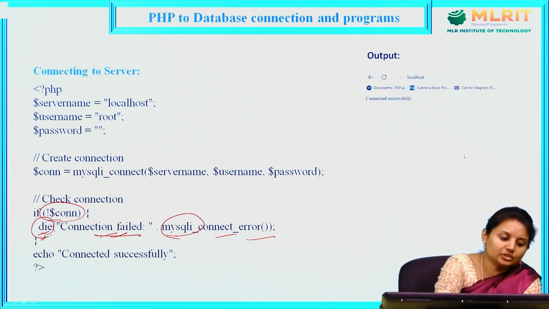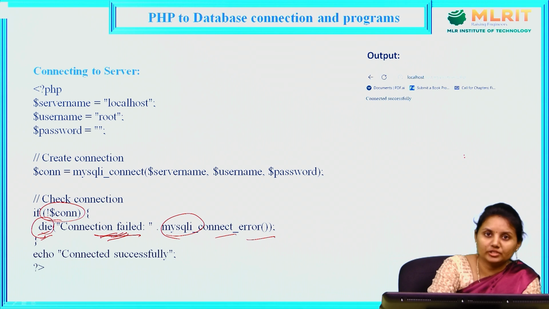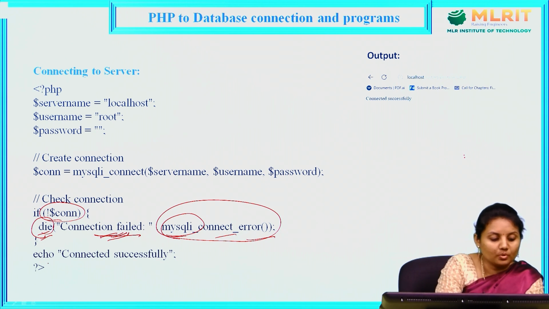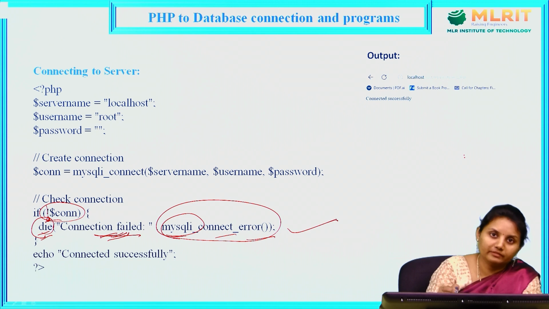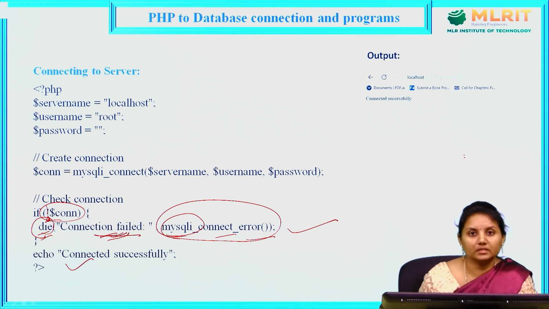The die function will first display this connection failed message, then it will close the connection. So only if it is not connected will it go here. If the connection is successful, then it will go for echo connected successfully.